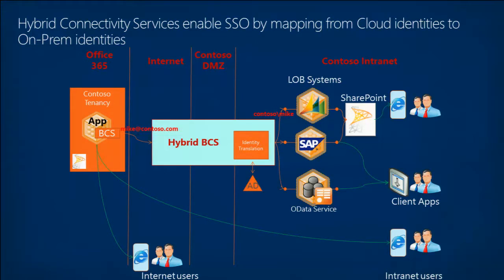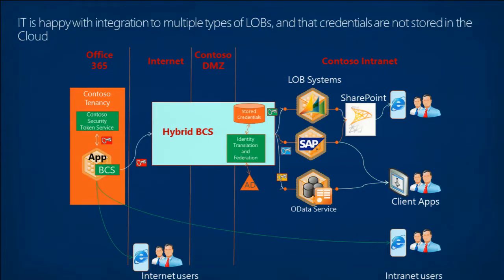Now, a mapping does exist, and IT does know about that mapping. But when we make the call from SharePoint Online down to the on-premises system, we need to make sure that mapping gets applied so that users are known in both environments. Beyond the identity mapping problem, I also need to solve the identity federation problem, or the authentication problem, because the data I'm connecting to on-premises may have a variety of different authentication schemes.